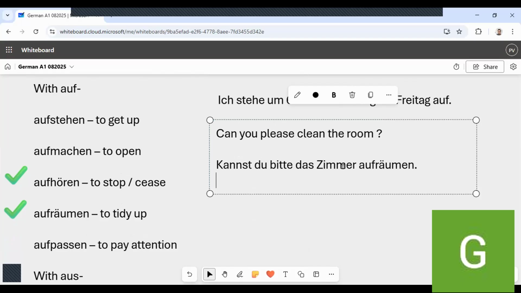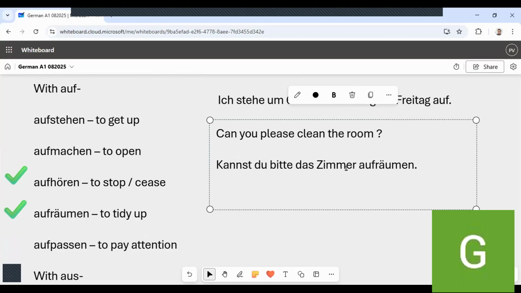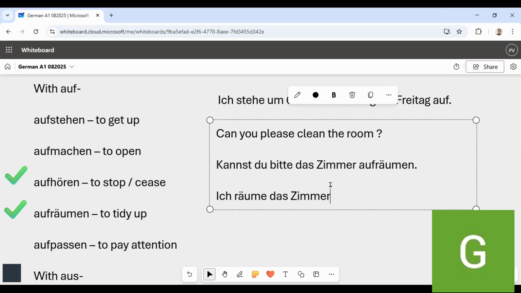Very good. Kannst du bitte das Zimmer aufräumen. Or simply, if you want to frame a sentence like I am cleaning the room, you will say, ich räume das Zimmer auf.